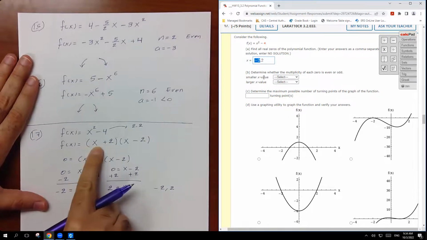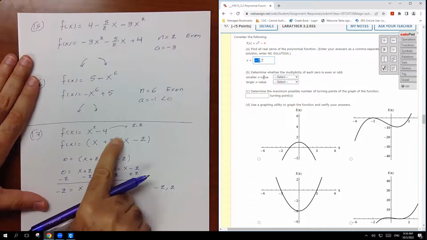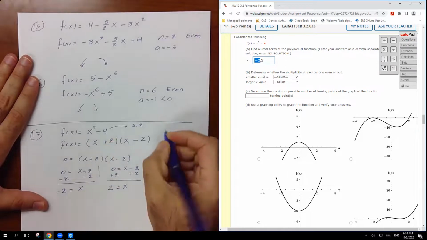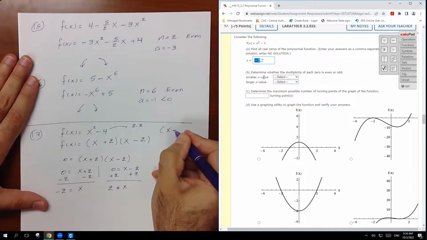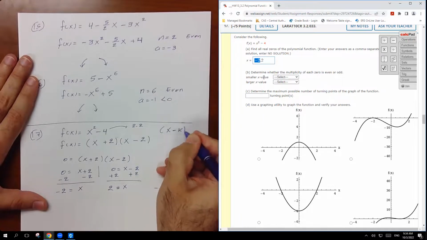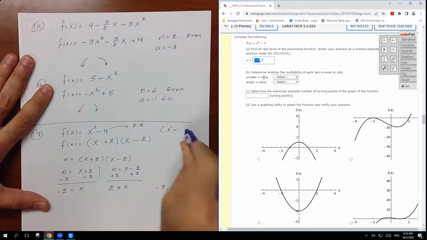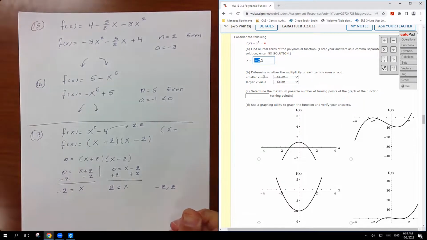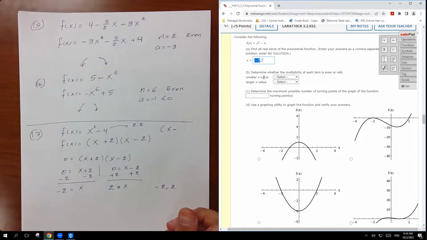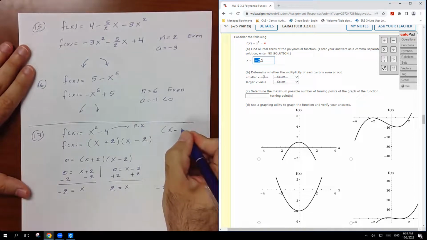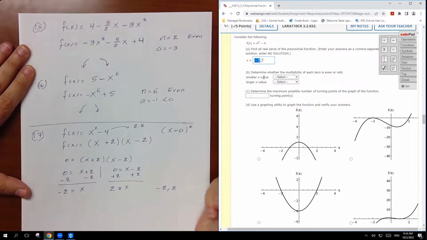This factor of the polynomial has an exponent of 1. If you remember, I type here x minus a to the k.